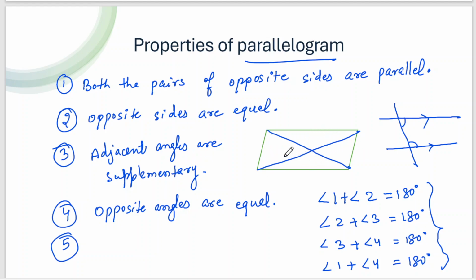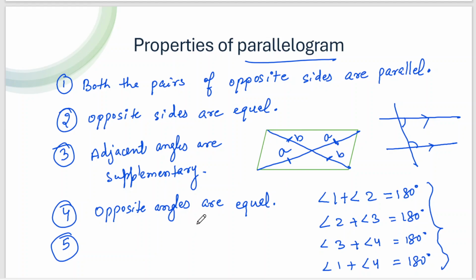What is the meaning of that? That means this diagonal will bisect this diagonal. What is the meaning of bisect? That means they will cut both the diagonals into equal halves. Okay, so if I say this is A unit, then this will also be A unit. If it is B unit, then this will also be B unit.